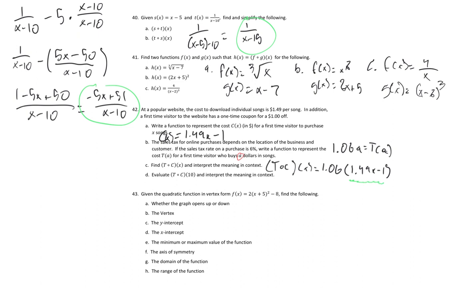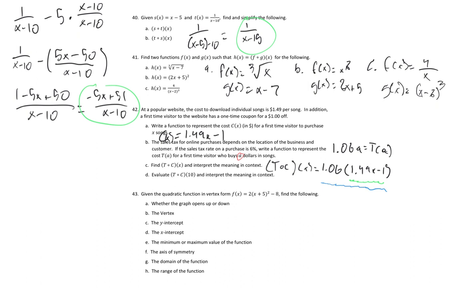But then this, on the outside, represents the sales tax on it. So what this really means is just the after-tax price to buy x songs. Maybe you should also note, since the coupon is for a first-time visitor, this is the after-tax amount you will pay to purchase x songs as a first-time visitor.